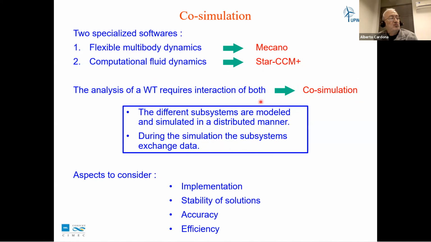In order to make this cosimulation, we have to consider aspects of implementation, stability of solutions, accuracy, and efficiency.